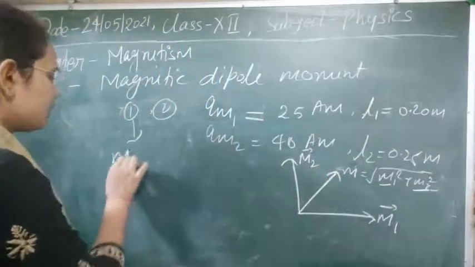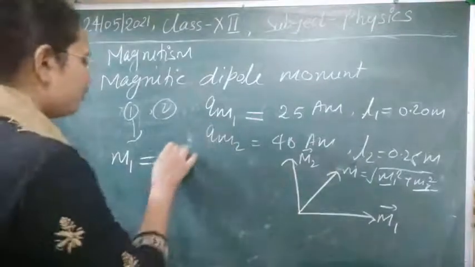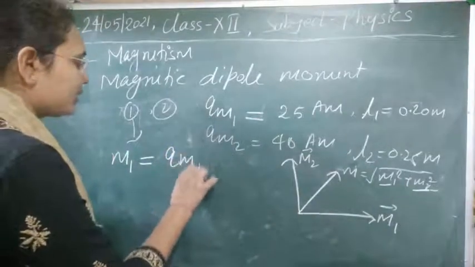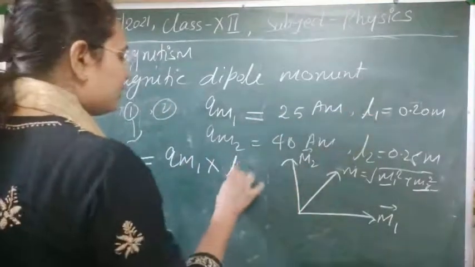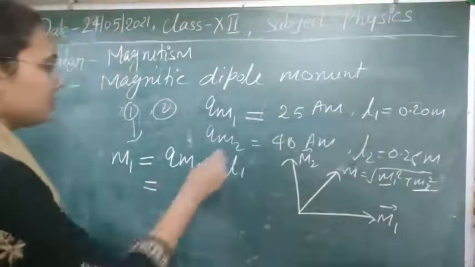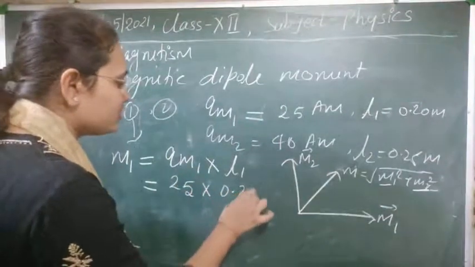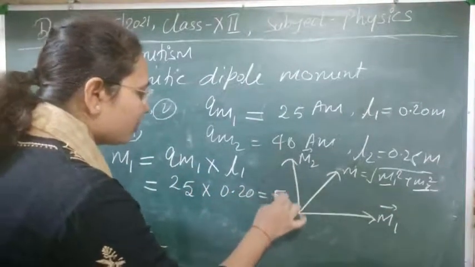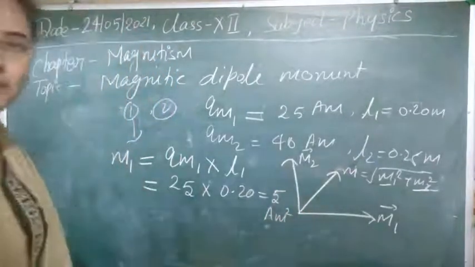So m1 is the magnetic moment for the first bar magnet. It can be calculated by the formula pole strength into the length between the two poles. Here the pole strength is given as 25 and the length is 0.20. If you solve it, that is equal to 5 ampere meter square.